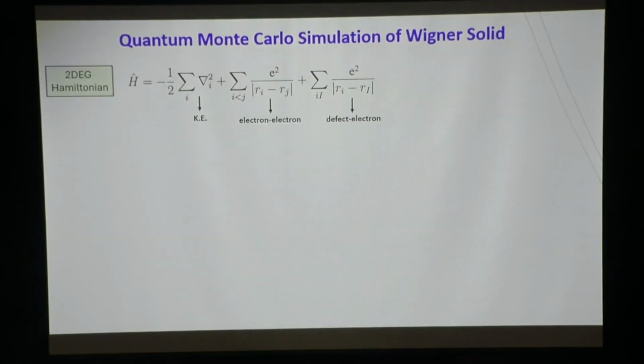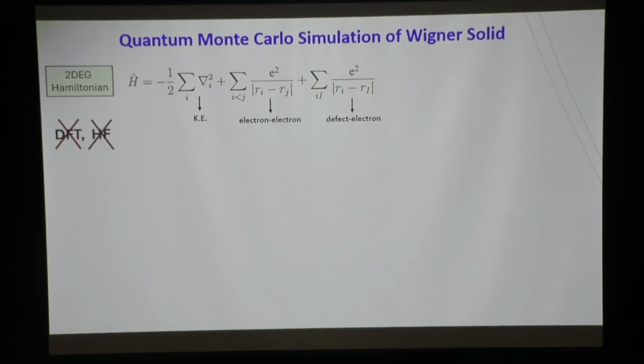And the reason for that is because this Hamiltonian is very hard to diagonalize. That's the Hamiltonian that governs the behavior of those electrons that I just showed you. You can see I have kinetic energy, the electron-electron interaction, and the electron-impurity interaction. It turns out that the regime in which we're doing our experiment puts this Hamiltonian in a very difficult regime to solve. The theorists have a lot of difficulty with it because these electron-electron interactions are so strong.